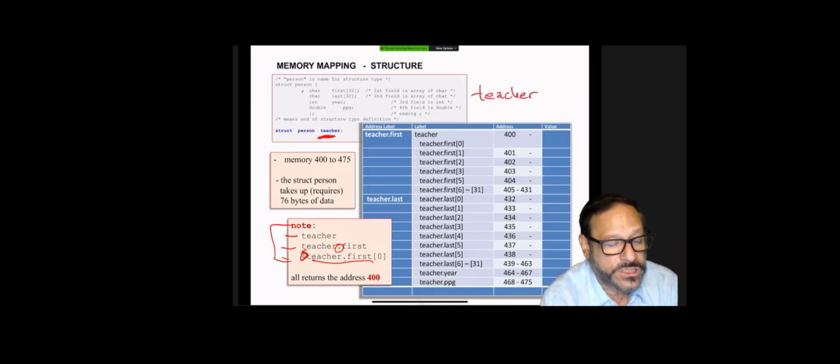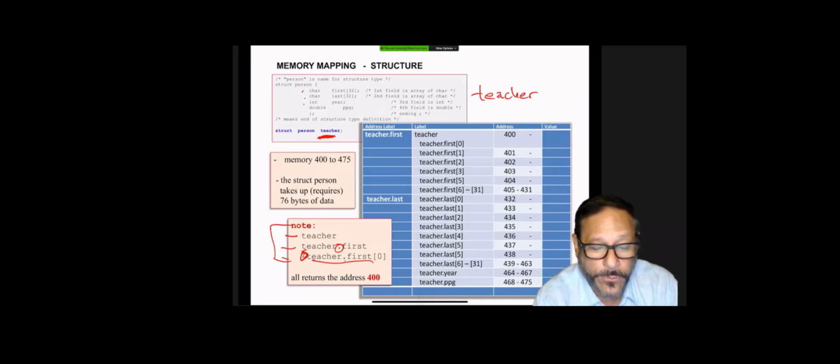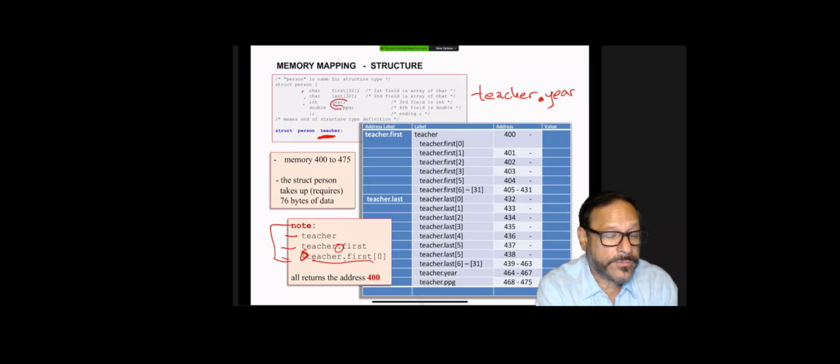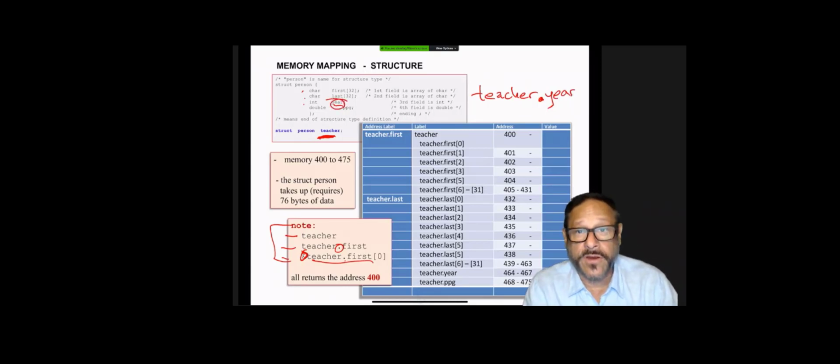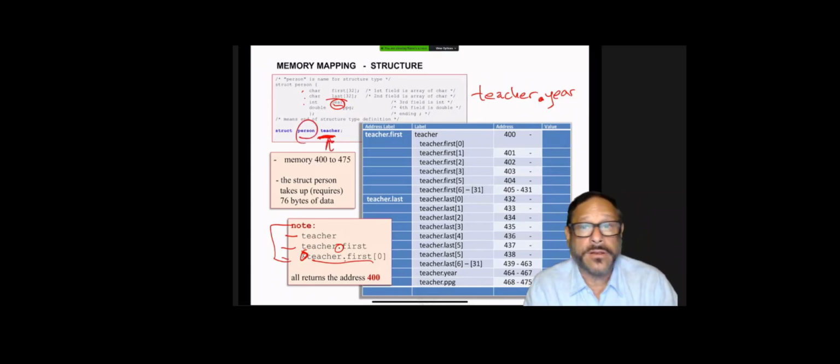If I wish to use any one of these individual members, it would be with the dot and then the name of that variable label. So .year is what I would use to go into this variable of this instance of person.